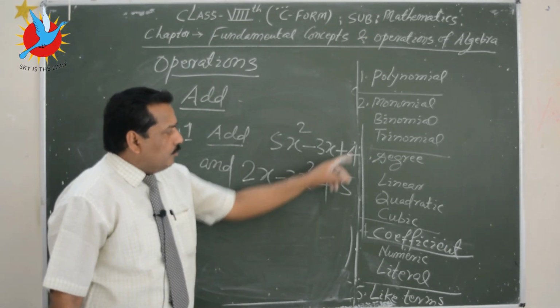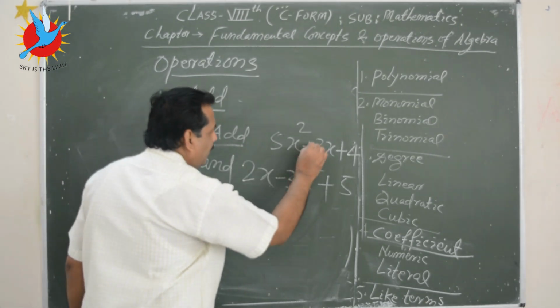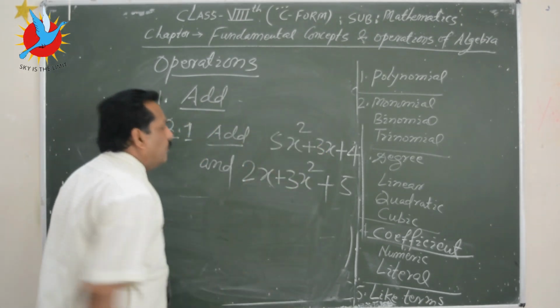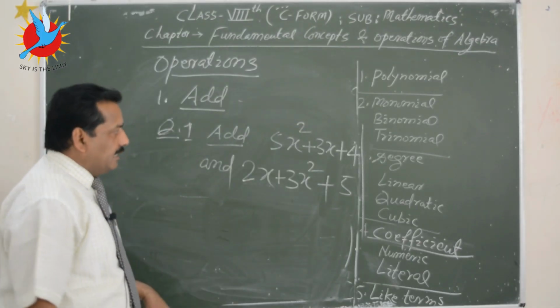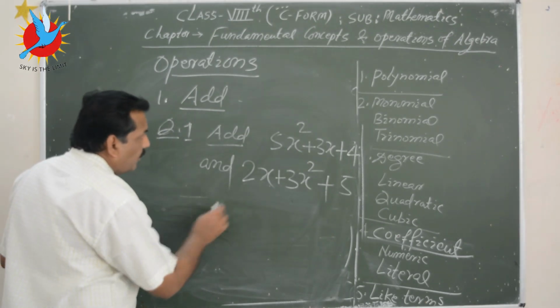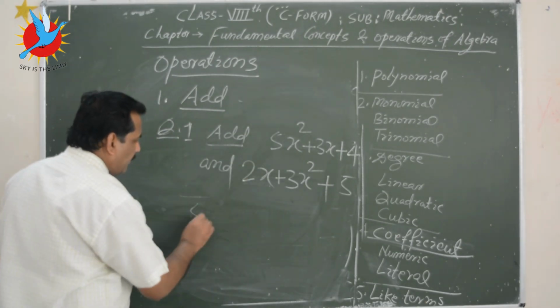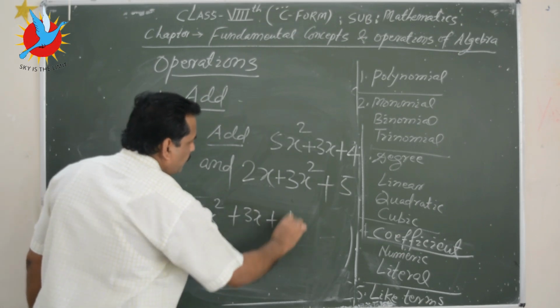And to make it simple, let me keep only positive things, and later on we shall be taking different signs, positive and negative as well. So how to add it? First of all, you write this 5x square and plus 3x plus 4.